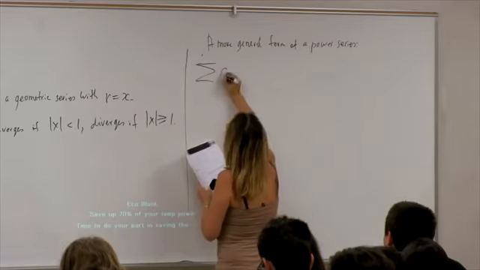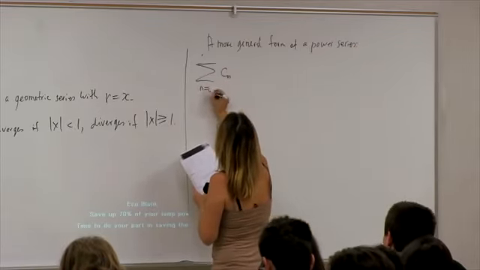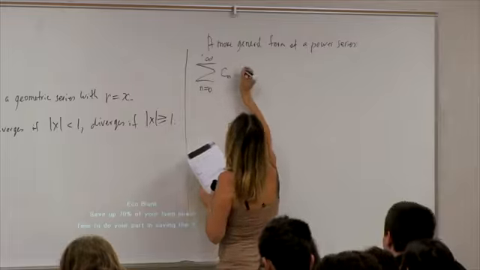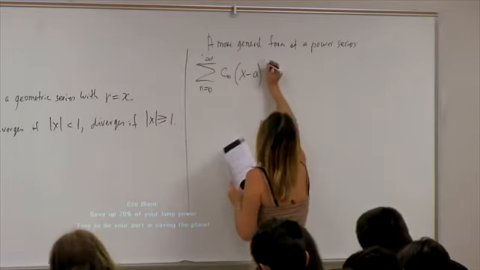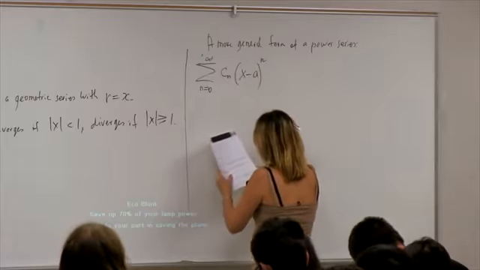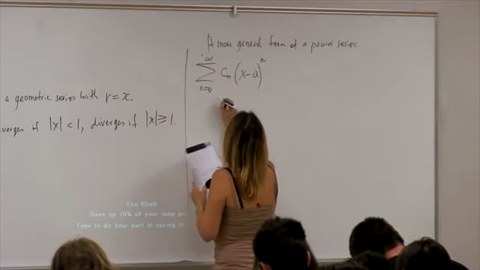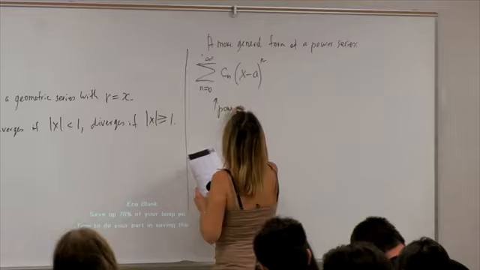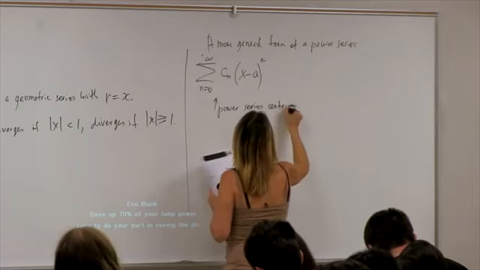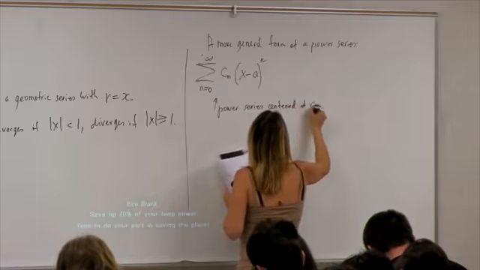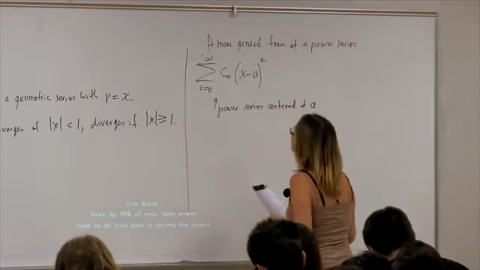Again, we have coefficients c_n, and instead of x to the n, we have x minus a to the power of n. So it's called the power series centered at a. a is a constant.